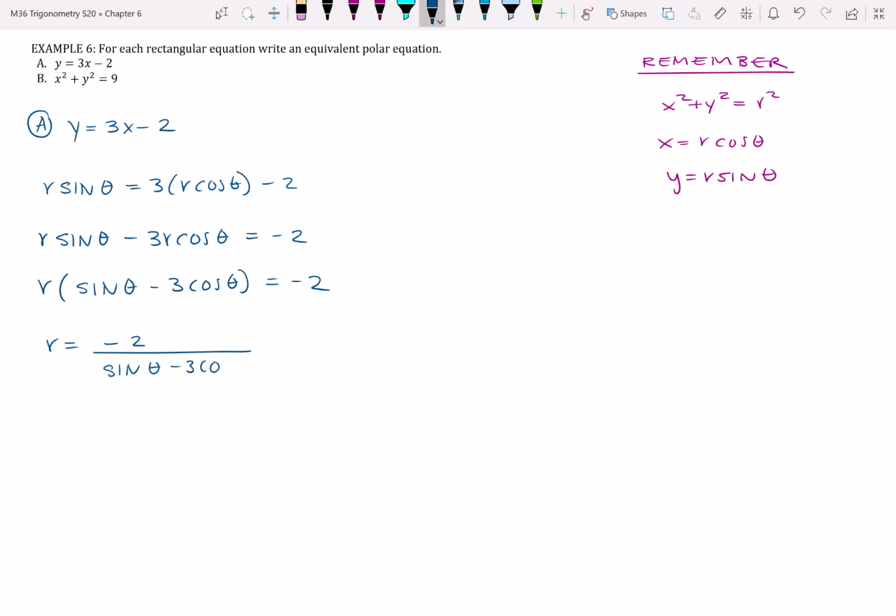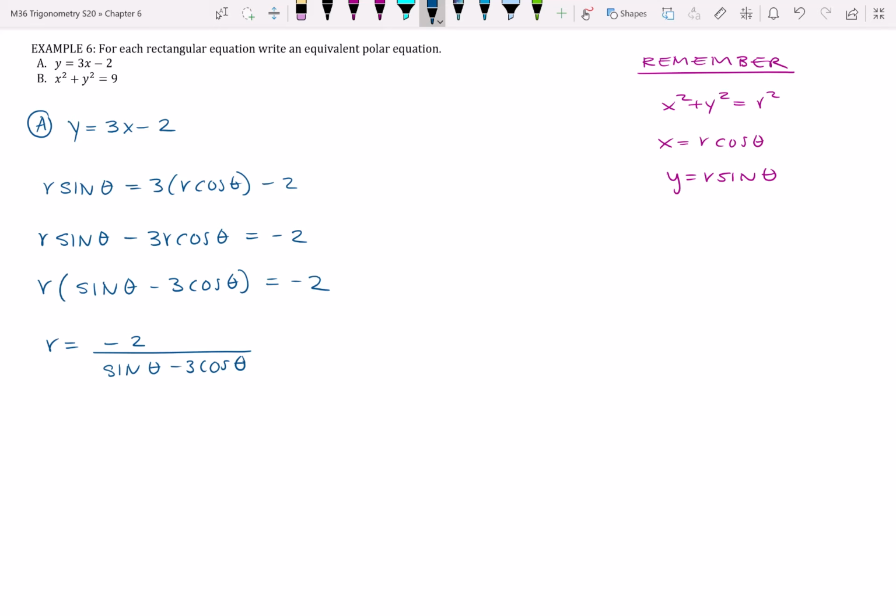So this line, y is equal to 3x minus 2, is the same as the polar equation r equals negative 2 over sine of theta minus 3 cosine of theta. That's pretty cool, right? A line, we can graph that line by using polar equations. And again, it looks pretty funky, this polar equation.